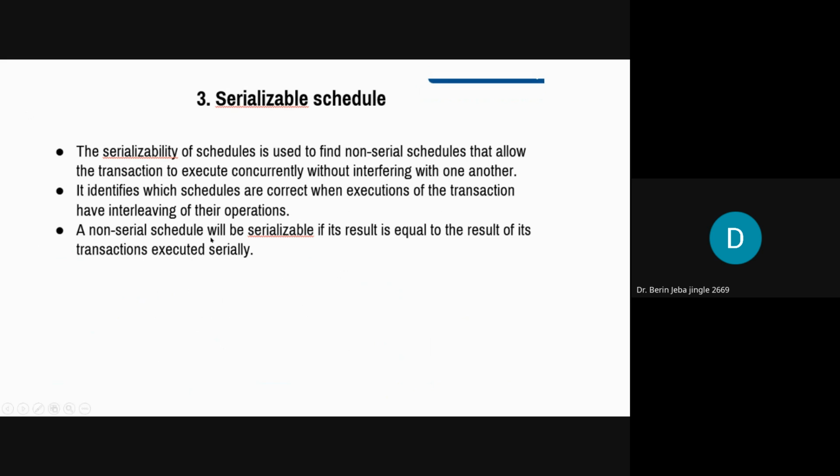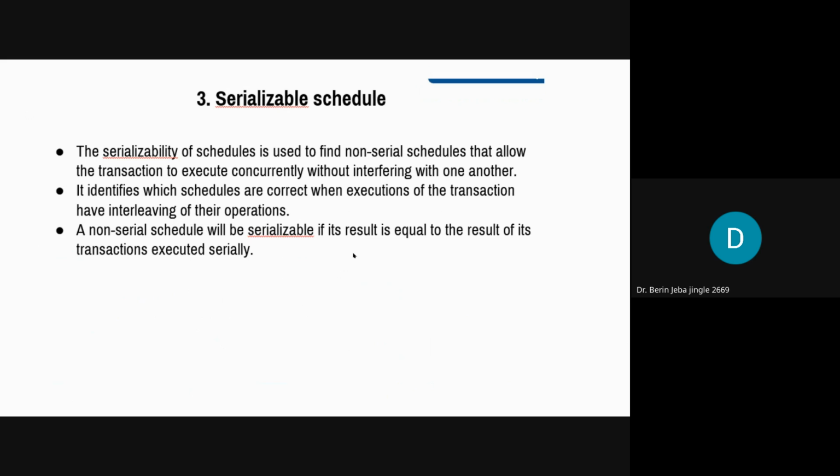Even though it is a non-serial schedule, it will be serializable if its result is equal to the result of its transactions executed serially. If the results are equal for both, then it is said to be a serializable schedule.